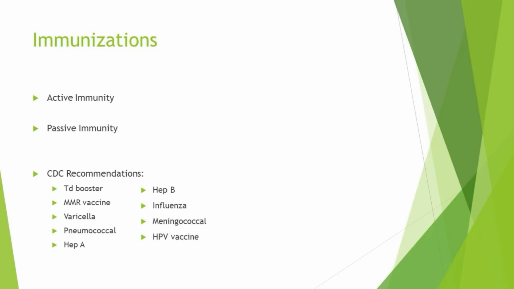Active immunity could be not only getting a vaccine like the flu shot, but also recovering from some sort of infection like chicken pox. Whereas passive immunity, the antibodies are passed from the mom to the baby through breast milk, or it could be receiving actual antibody injections, for instance, like the rabies immunoglobulin.